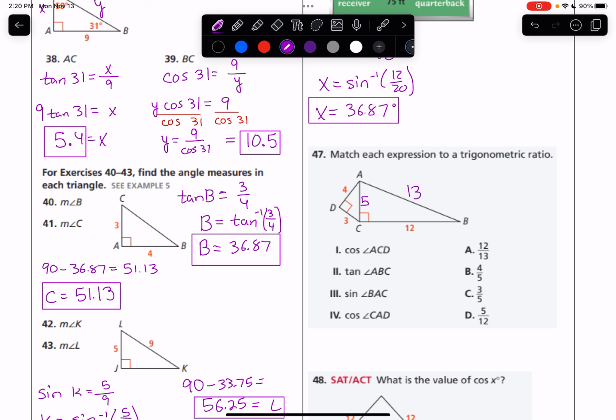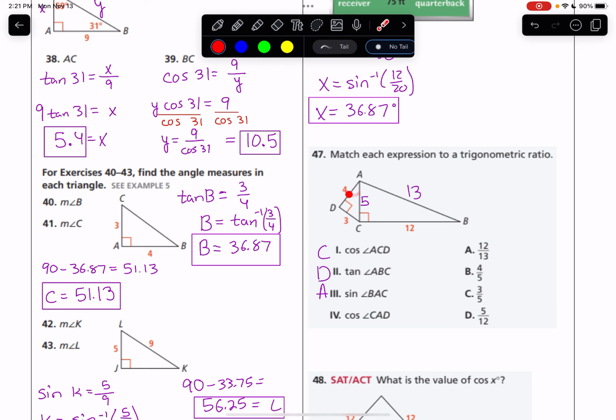So the cosine of angle ACD is, if I'm standing right here, adjacent over hypotenuse, 3/5 or C. The tangent of angle ABC, here's my angle, opposite over adjacent is 5 over 12 or D. The sine of angle BAC, so that's this angle right here, sine is opposite over hypotenuse, is 12 over 13, that's A. And then the cosine of angle CAD.